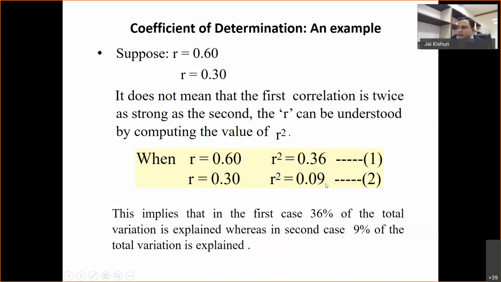So in the first case, 36% of the variation in the dependent variable is explained by the independent variable, while in the second case only 9% is explained.